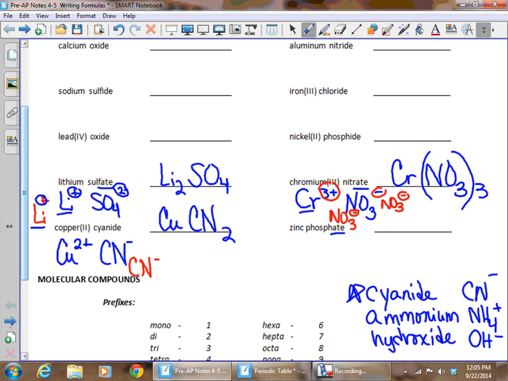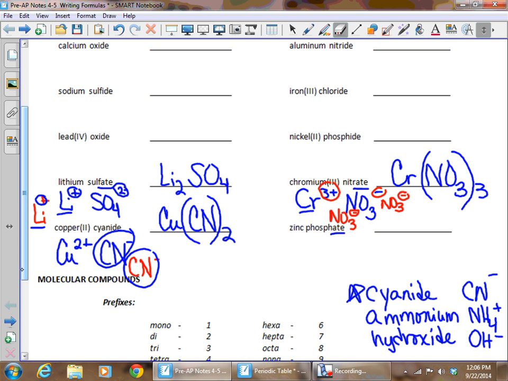But think about it. If you do that, that's telling you that you have 1 carbon and 2 nitrogens. We don't want 1 carbon and 2 nitrogens. We want 2 cyanides. So once again, no matter what, if you have to multiply those polyatomic ions by something, they must be in parentheses.